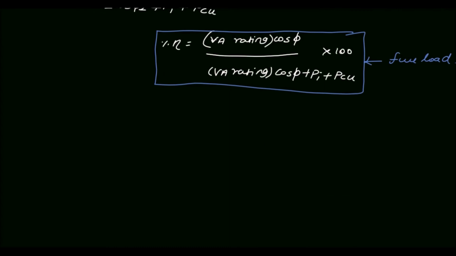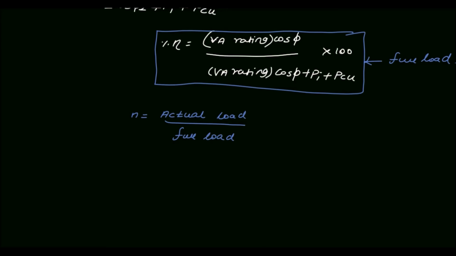Now we have to write the generalized expression for the fractional load. So we are going to introduce a new parameter called n, which is equal to actual load divided by full load. So n is the fraction by which the load is less than the full load.